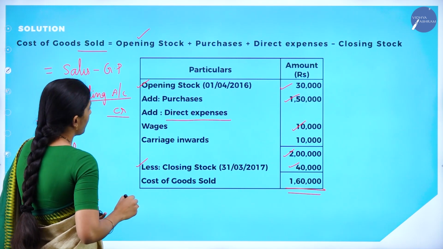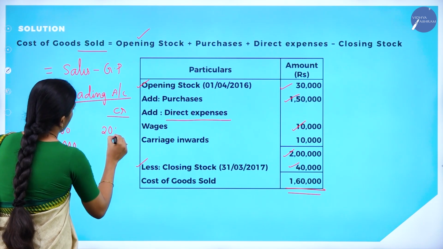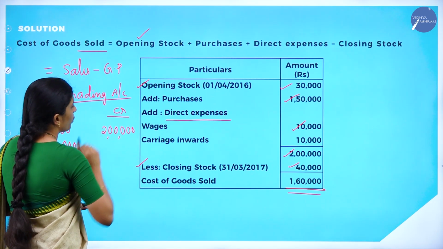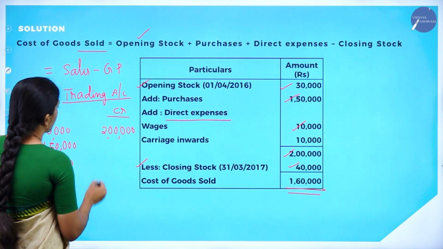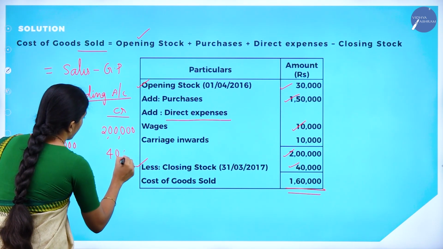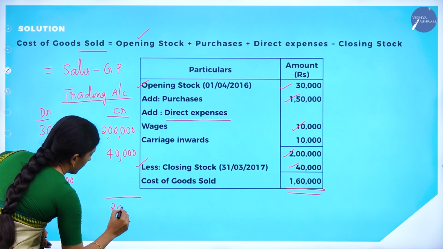Credit side we have sales. Sales they have given, that is 2 lakh. We don't have returns, so directly we can write sales. Then closing stock, that is 40,000. If you balance both the sides, here it is 2,40,000.